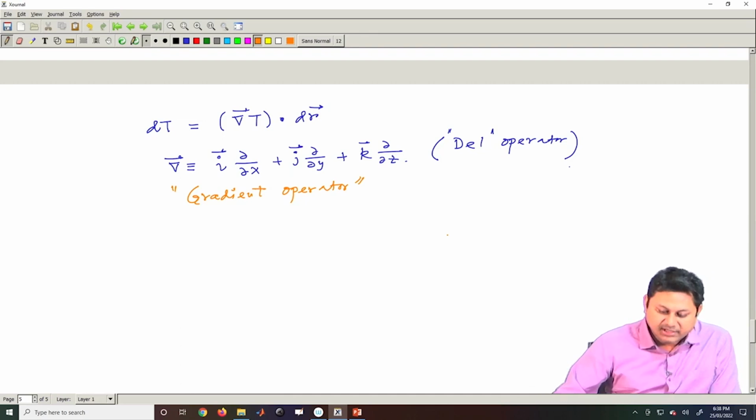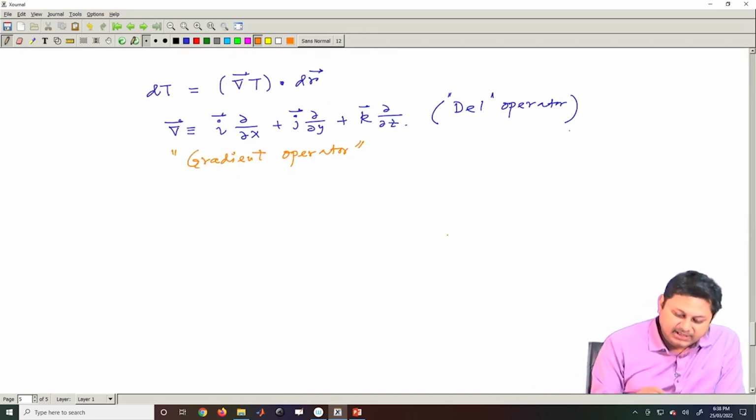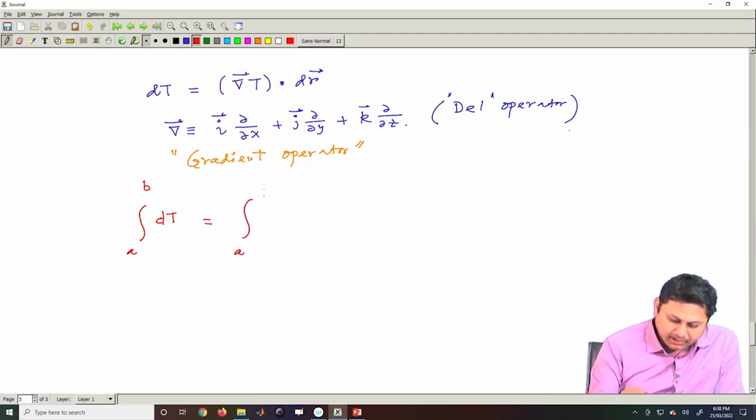Now, if I want to integrate both the sides, you can see that one interesting thing appears here. If I integrate both the sides, say dT, with some initial point A to B, and in the right hand side, if I look carefully, A to B, I am having two terms here.